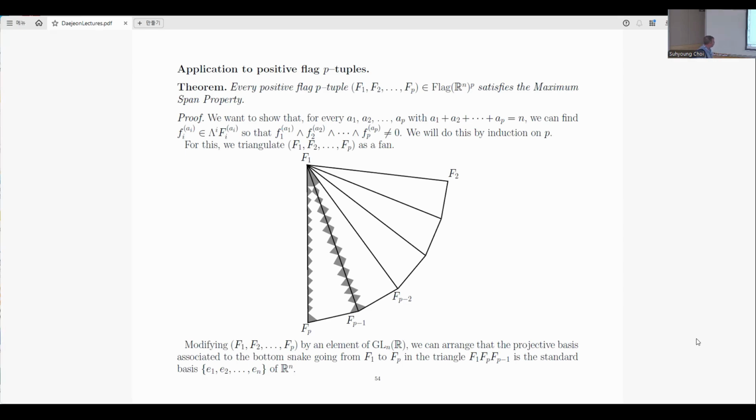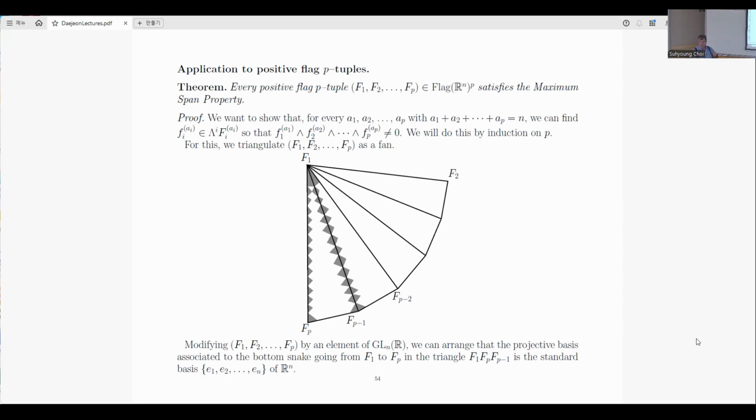I only drew the gray triangles that are near the edge. I had many more gray triangles, I didn't draw them. They corresponded to the bottom snake in this triangle, and we had a projective basis associated to that.